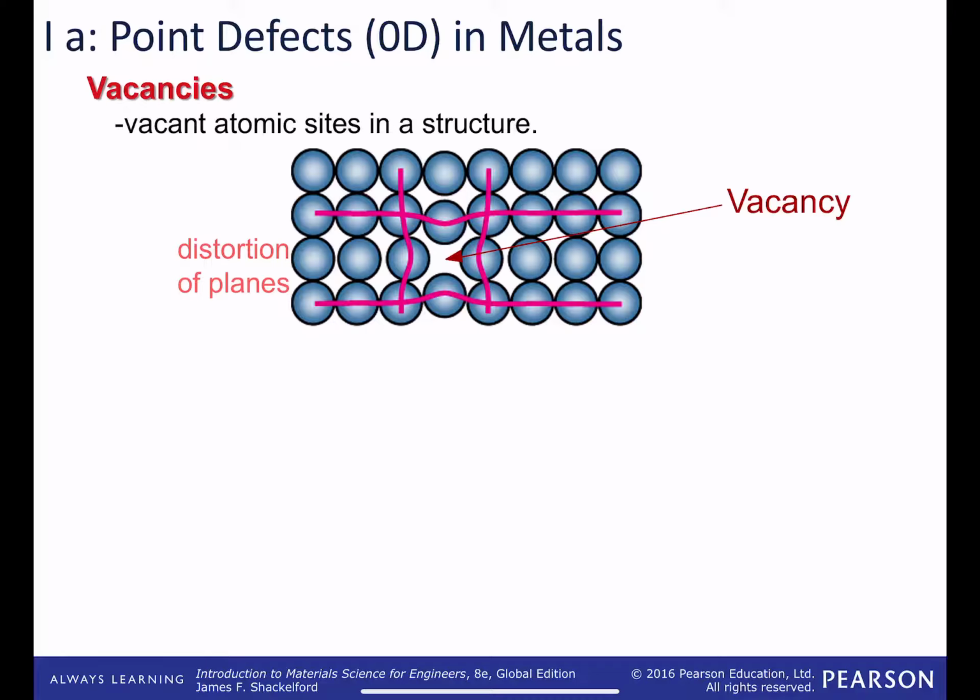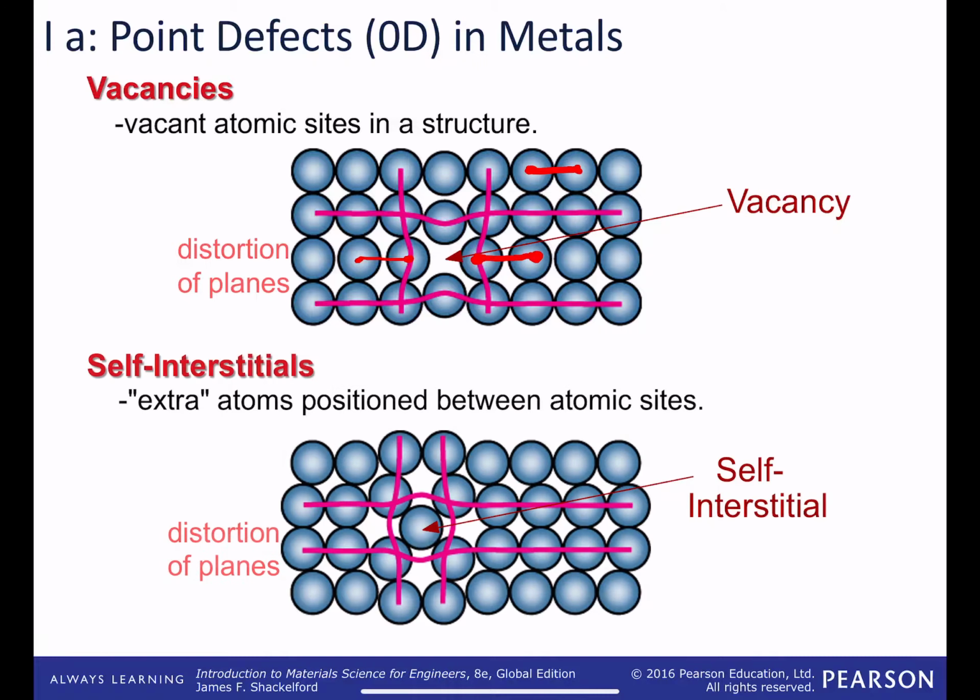And so this allows relaxation into the void space, into the vacancy, and we can have some extension of bonds between these atom sites. These bonds that I'm drawing here are a little bit longer than those that are well away from that vacancy site. So we'll see distortion of the planes of atoms near that vacancy site. And this becomes an important stress concentrator when we talk about mechanical properties and ultimate failure of materials.